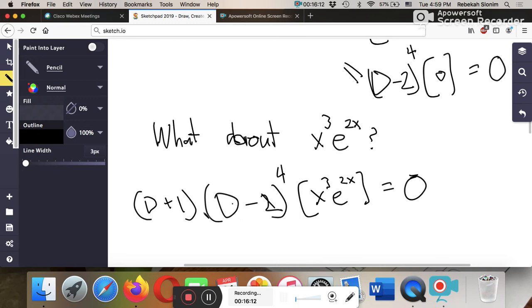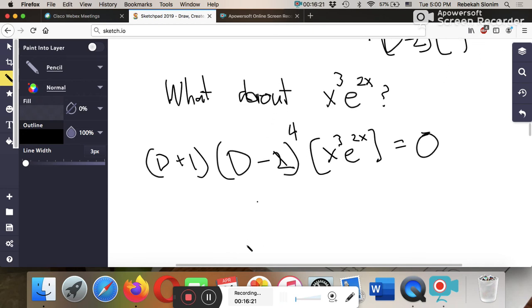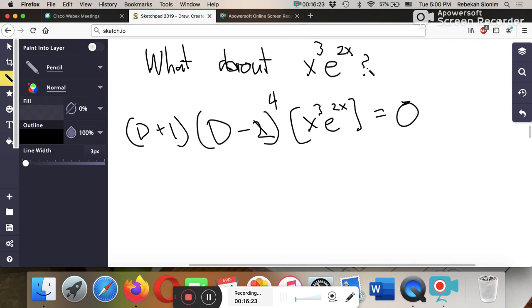Then if we think of it as a composition, by the time we apply d plus 1, we're just applying d plus 1 to 0, and so of course we're going to get 0. Okay, so as long as we accept that this annihilates that, then the whole thing should annihilate it.